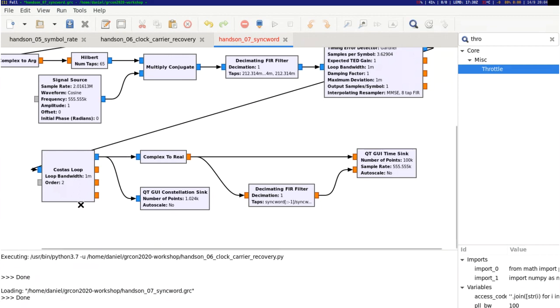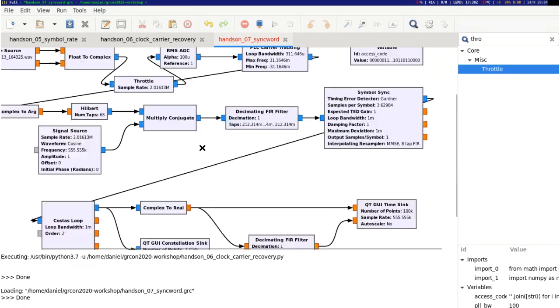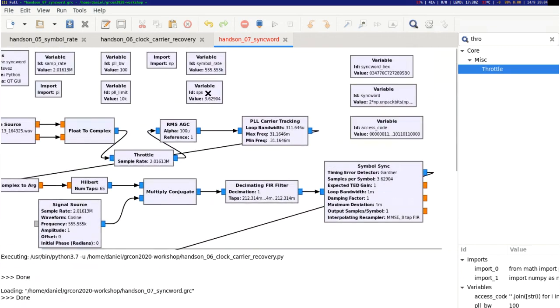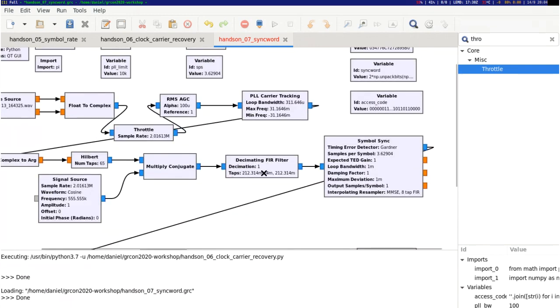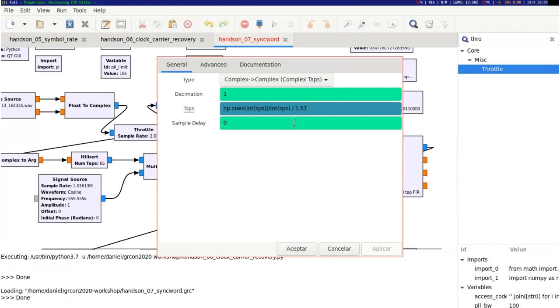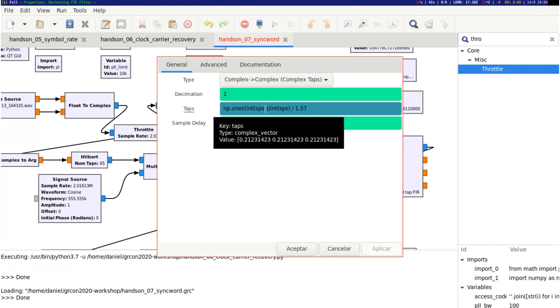I see a question here is, can samples per symbol being non-integer, such as in here, 3.6, be an issue? That's a really good question. So this is an issue here. I'm not doing the correct matched filter. I'm doing an approximation.